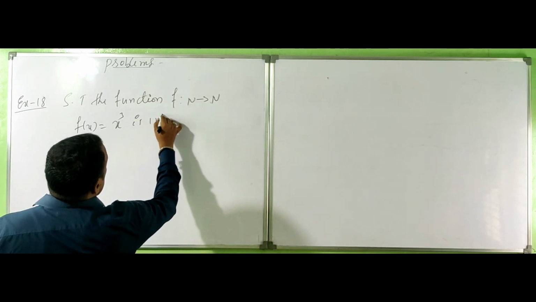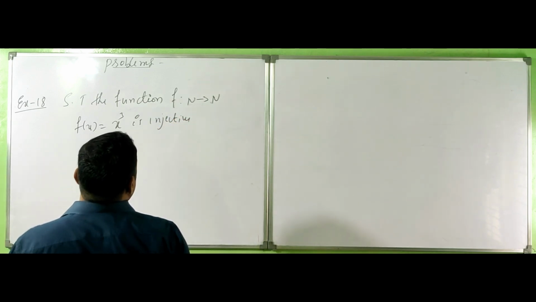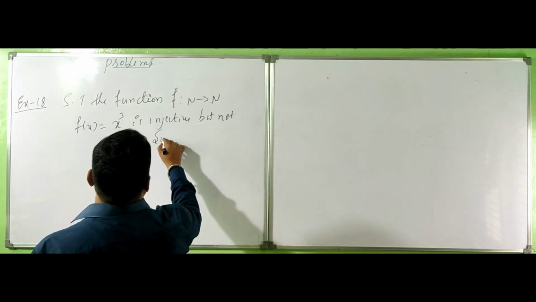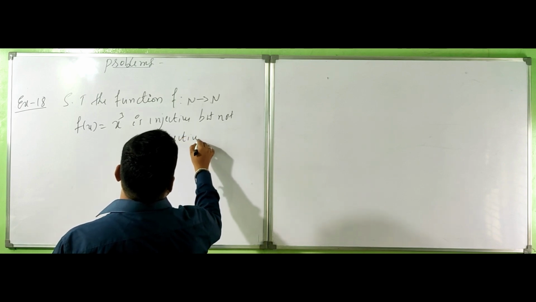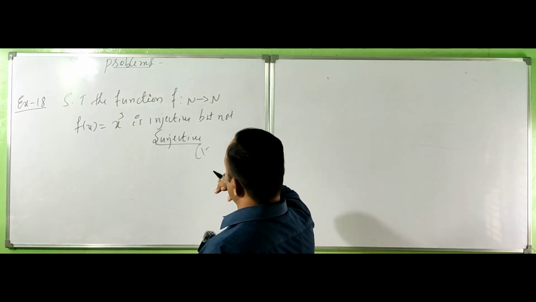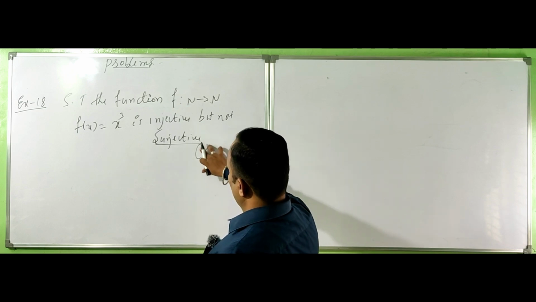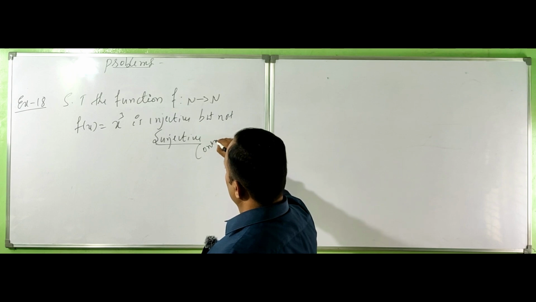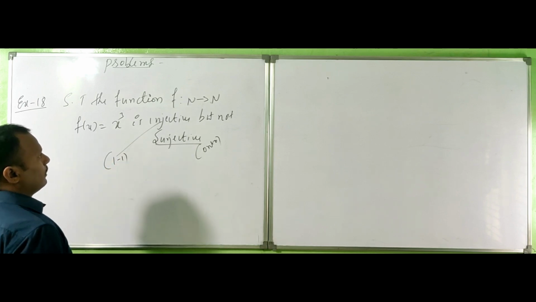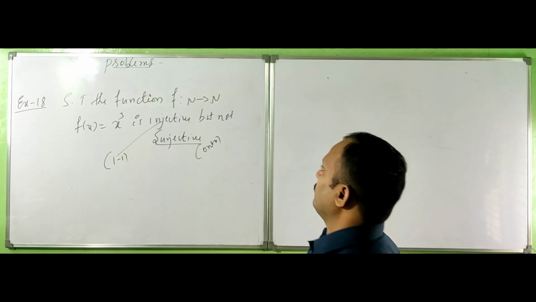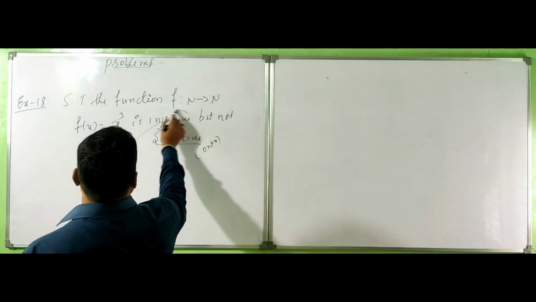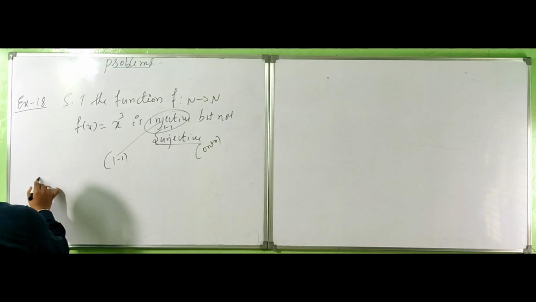Surjective means onto, injective means one-one. Solution: we have, let f of x1 is equal to f of x2.